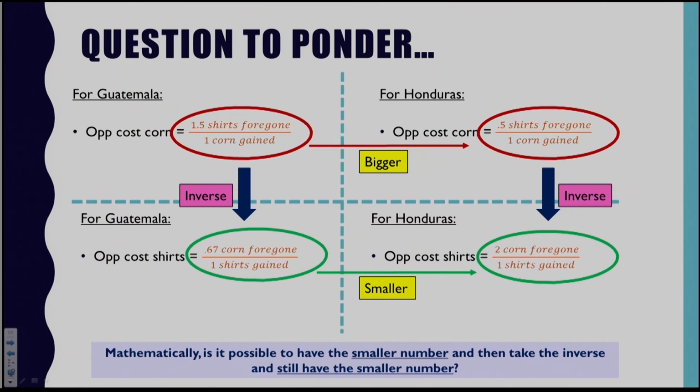So again, what that means is when you have the opportunity cost that's lower in one thing, then you're automatically going to have the higher opportunity cost in the other thing. You can't possibly have the lower opportunity cost in both. Therefore, you can't have the comparative advantage in both activities. All right, I think I've beat that horse to death, but this is an important point, and it will help you check your work. And of course, I'm going to ask you questions about this on quizzes and tests.